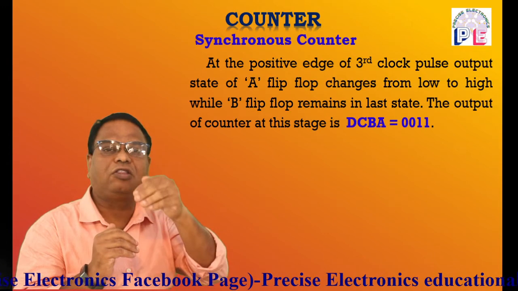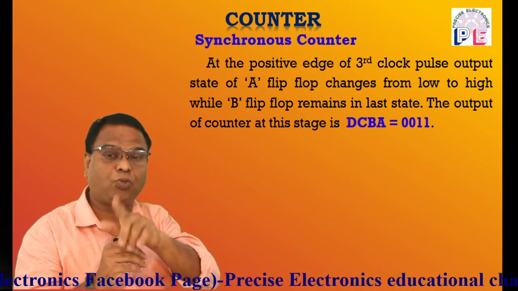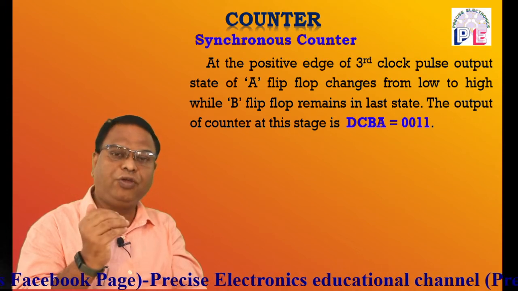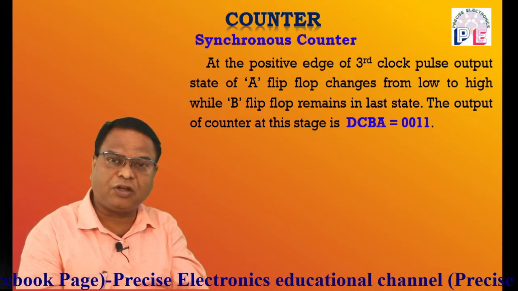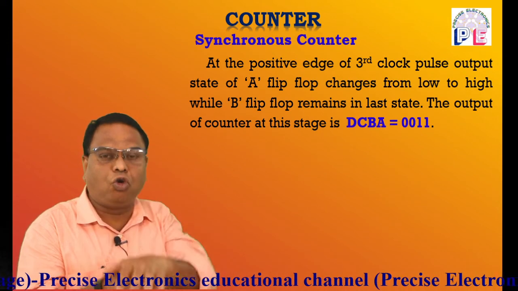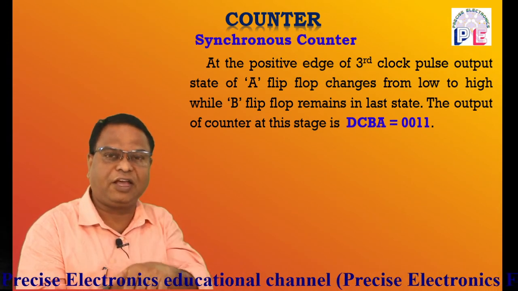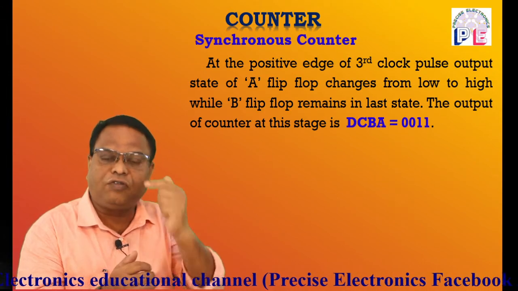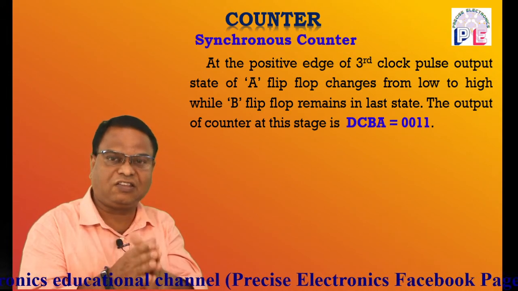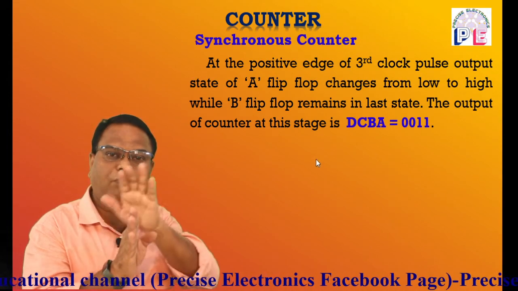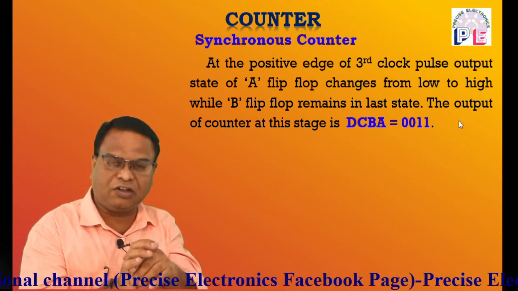So obviously the A flip-flop is in reset mode because output is 0, 0, 1, 0. So A is in reset mode, due to which the J and K inputs of second flip-flop, that is B flip-flop, are low. As J and K inputs are low, the flip-flop remains in last state, and in this case, the last state is a set state. So the transition of B flip-flop will not occur.